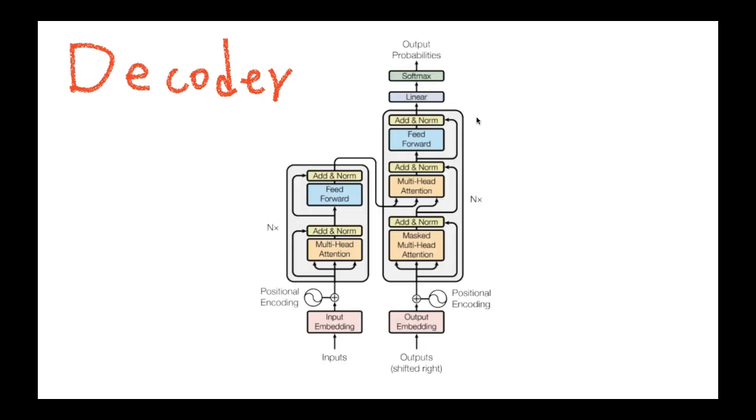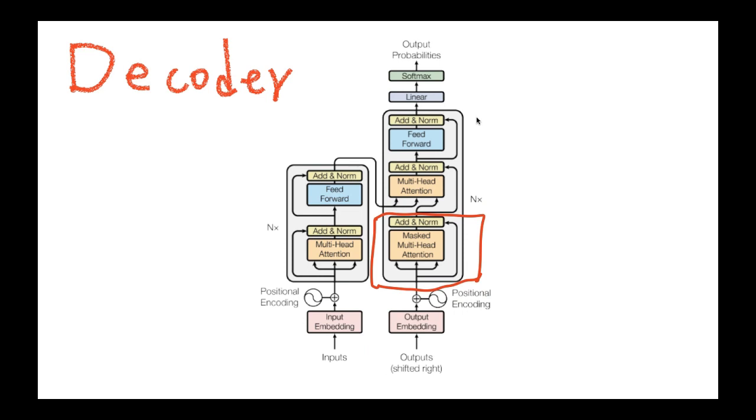Okay, so here is the decoder structure. The decoder is a little bit different from the encoder because you need to consider your already decoded output and also the encoder's output, because this is for machine translation, so keep it in mind.